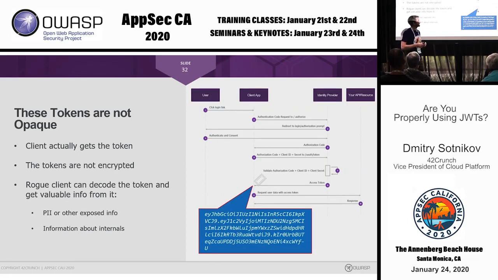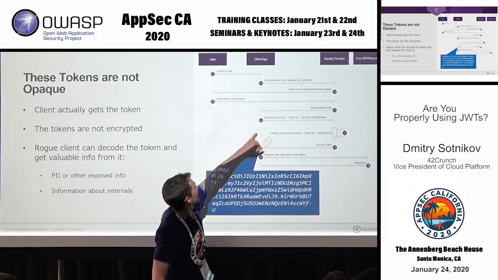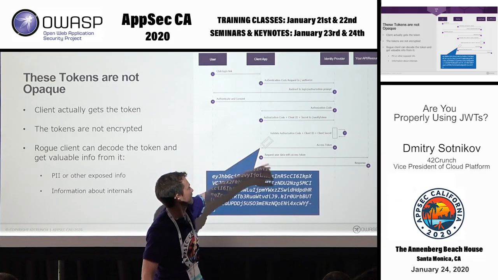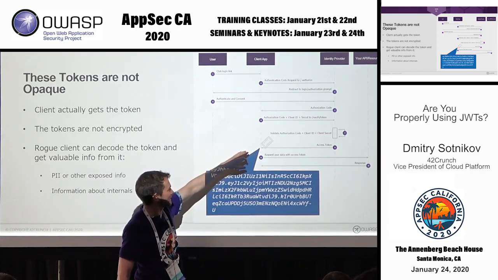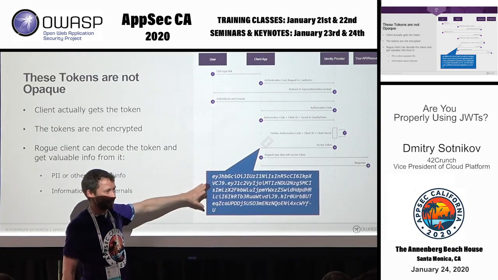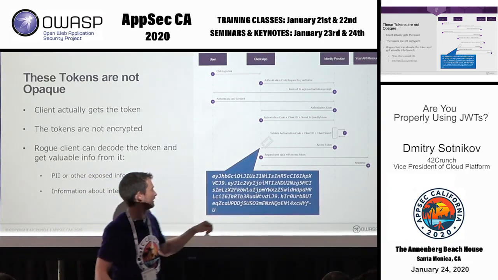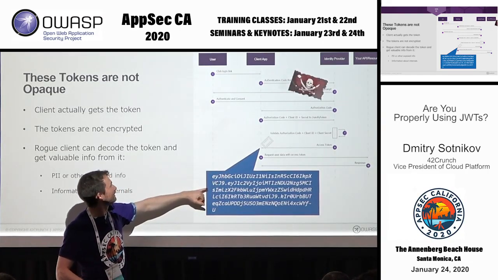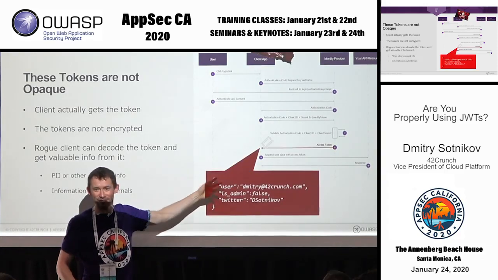Now going back to the opaqueness of the token. We talked about how the client should have no idea what the token is. However, in reality, if it's a JWT, the client is supposed to just send it over, but nothing prevents a rogue client from decoding it.